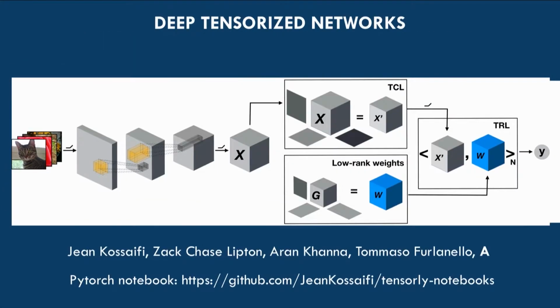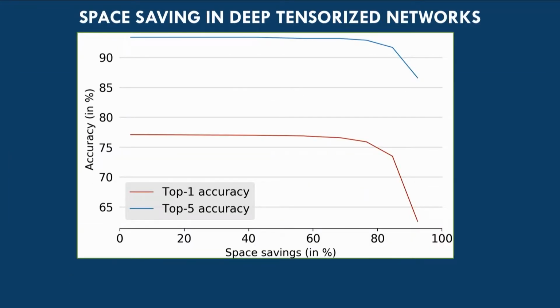And one architecture we've explored is this tensorized neural network, where you can do tensor contractions and tensor regressions. And it turns out that you can get a lot of space savings without loss in accuracy. So these tensorized architectures can lead to more compact neural network architectures.